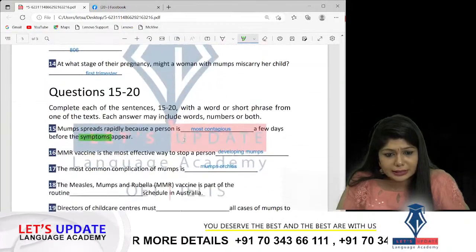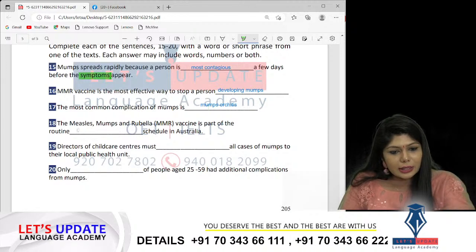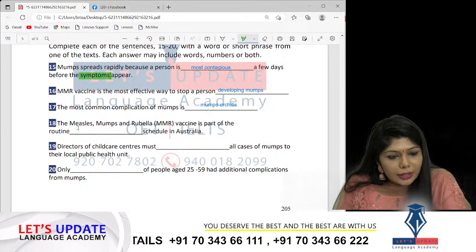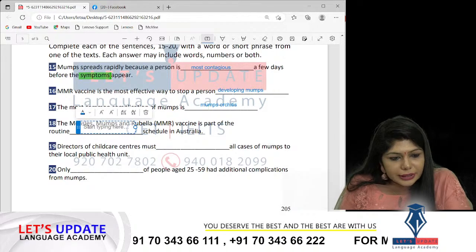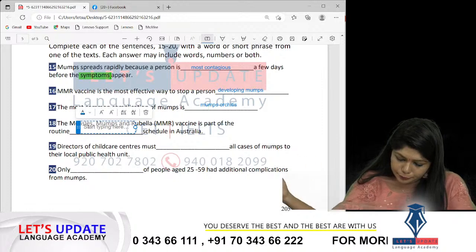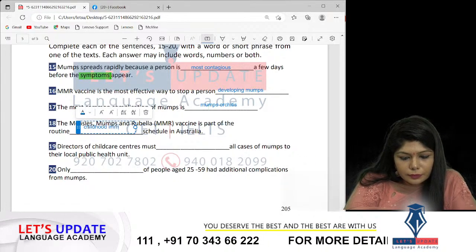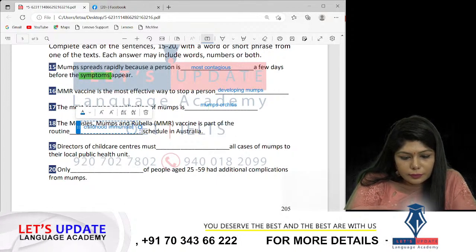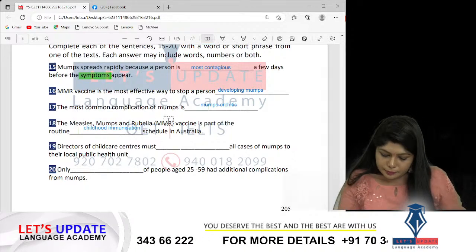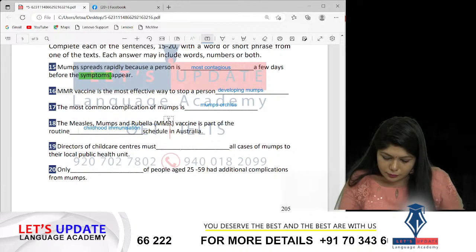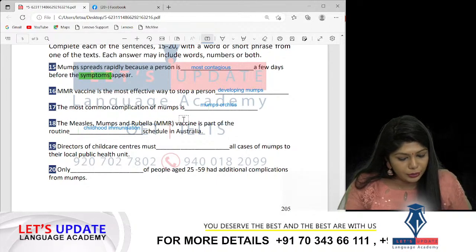Moving to the next question after that. Directors of childcare centers must dash all cases of mumps to their local public health unit. Where do you think the answer is? Okay, so they are talking about reporting, right?